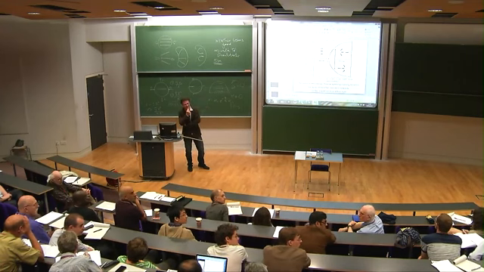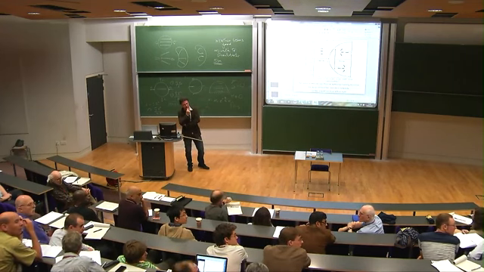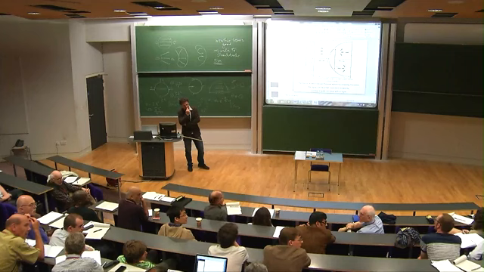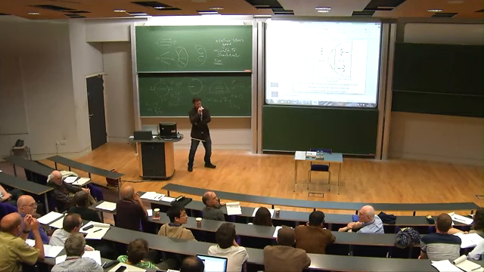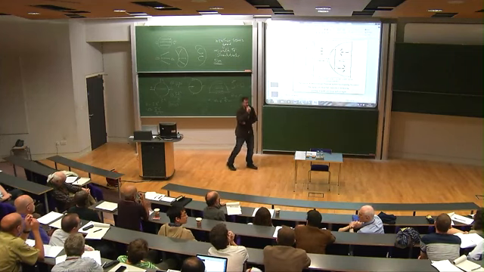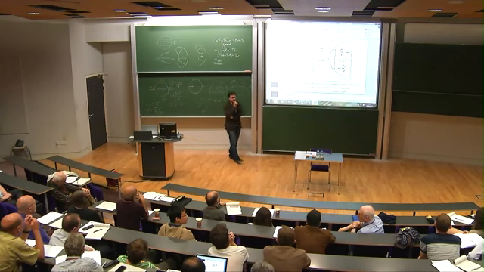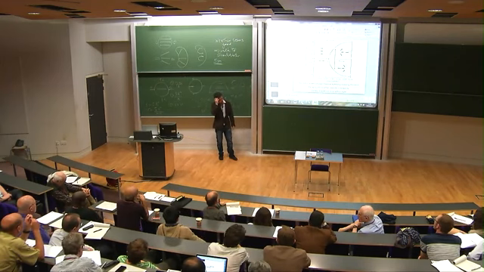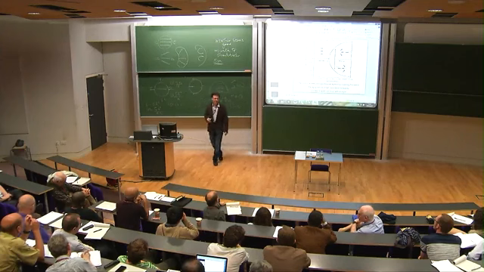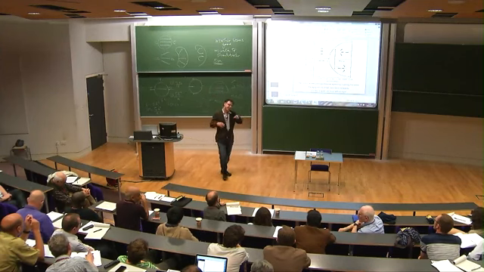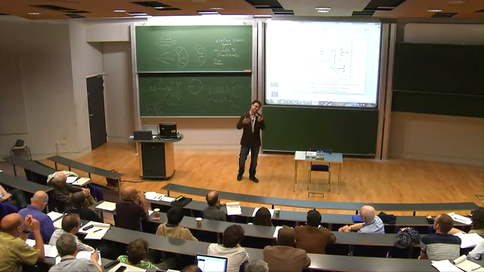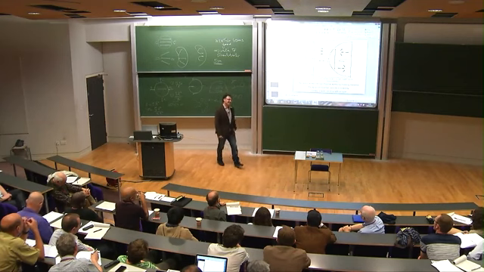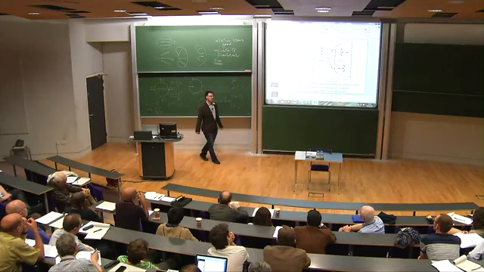Would you expect any qualitative differences if you would include bending of the membrane? Bending of the membrane, yeah, it's certainly possible to add it. Not for the first part of the talk, so there the membrane is very much a passive player. For the second part, it's not clear.